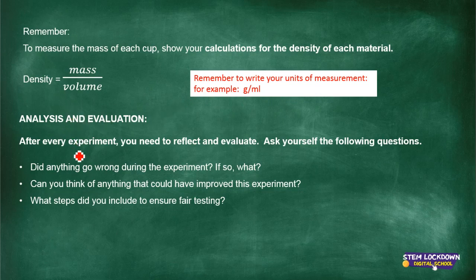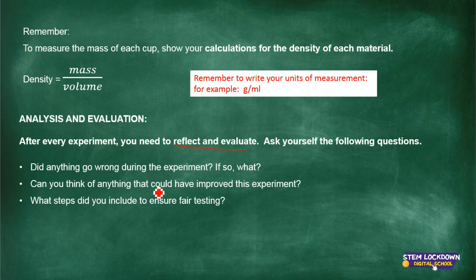So now you must do an analysis. Your analysis and evaluation means that you need to reflect and evaluate. When you reflect and evaluate, you need to ask yourself, did anything go wrong during the experiment? And then you must record. That means you must write down if anything went wrong and what went wrong. If nothing went wrong, then you also say that the experiment went well.